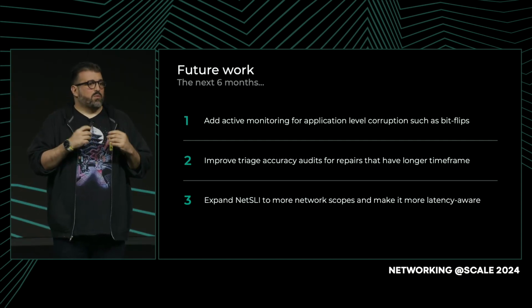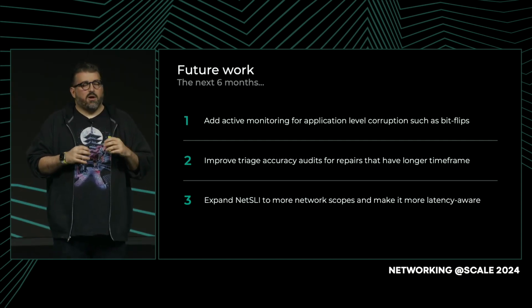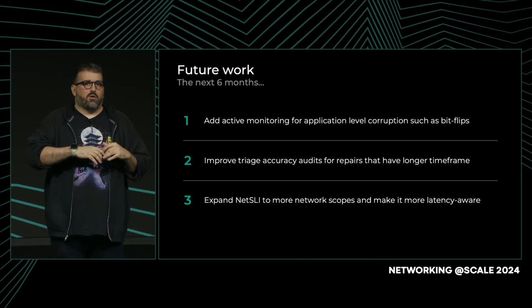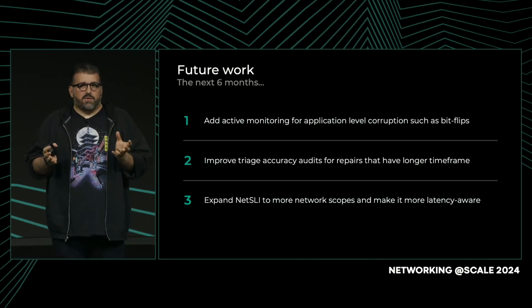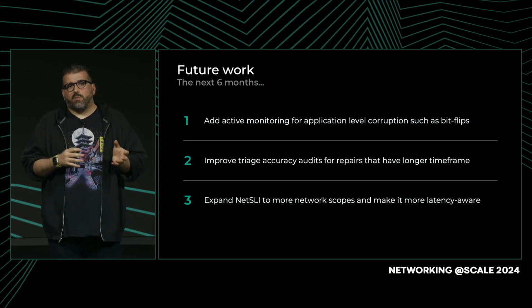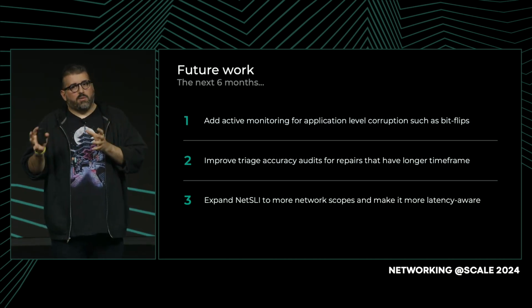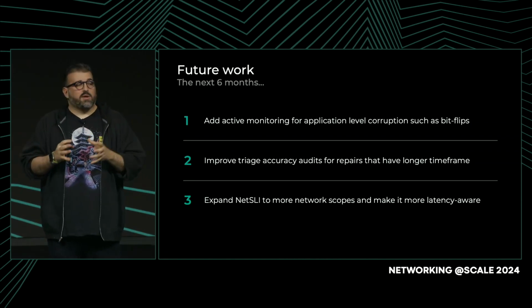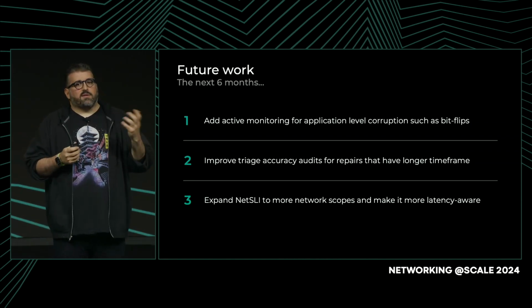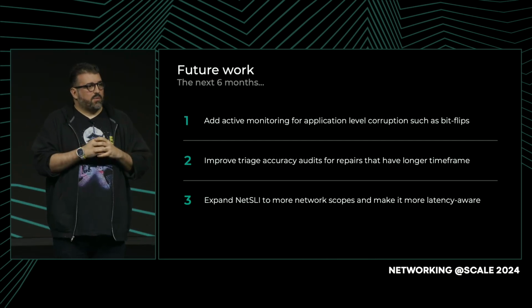The second one is improving the accuracy of triage when we have cases that go for a really long time. An example of this is when we do certain types of hardware replacement, where essentially we have signal and we believe this is a particular component within the system. We send this to be replaced. It gets replaced, happy days.